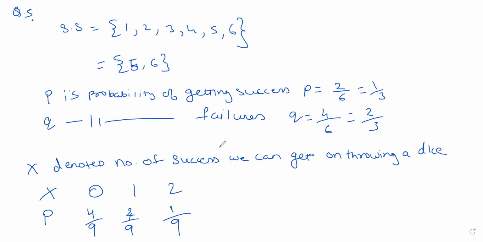Or we may get success only once, that is, on one dice 1 by 3 and on the other dice 2 by 3. So that will become 2 by 9. Or on the first dice 1 by 3 and on the second 2 by 3, that is also 2 by 9. So that will become 4 by 9. Or no success at all. It will also become 4 by 9. This is your required probability distribution.